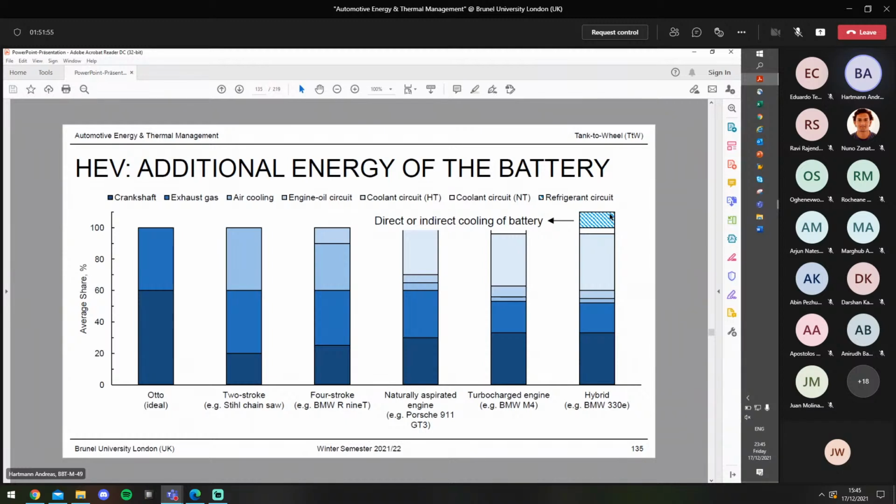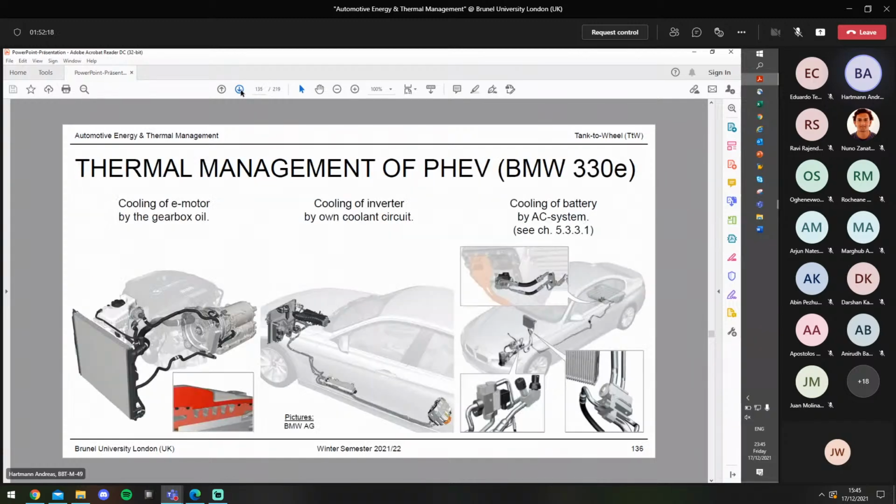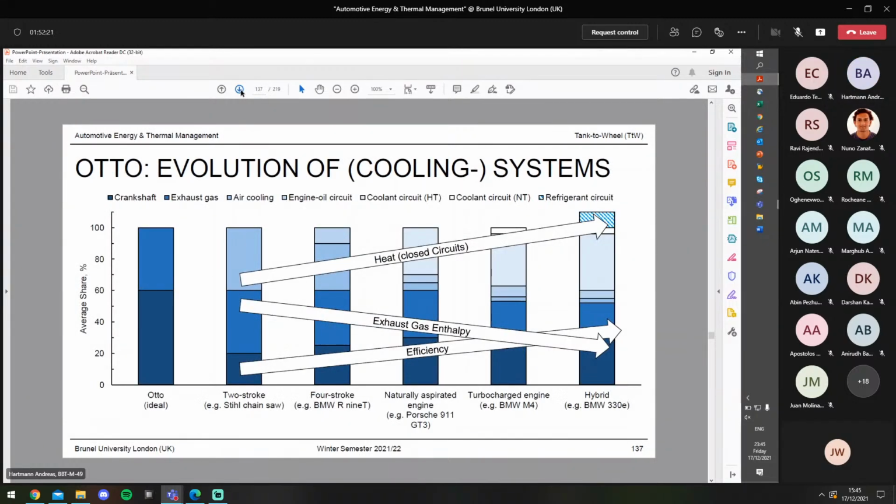And therefore we can no longer apply a normal coolant circuit, but we need to use a refrigeration circuit to be able to cool down the battery to temperatures below the ambient temperatures. So again, we need to add another circuit, and it becomes a more and more complicated energy flow diagram.